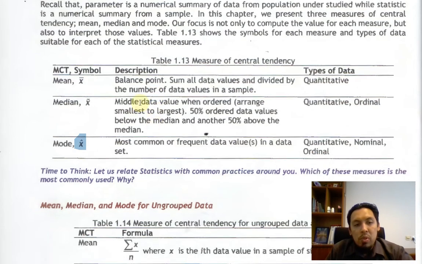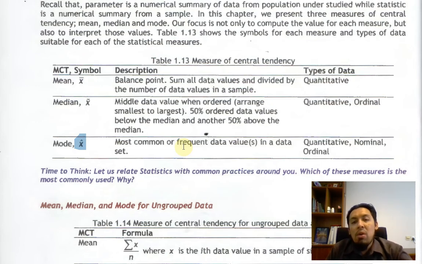For mean, as you have used it before, you obtain it by finding the average. For median, you arrange your data from smallest to largest and find the middle value, the position of the 50% of your data. As for mode, it is the most common or frequent data value appearing in your data.